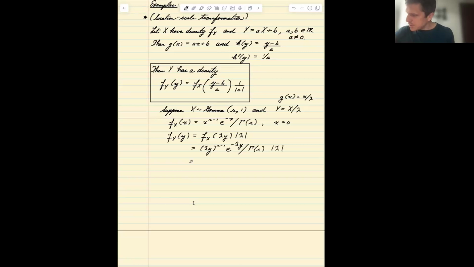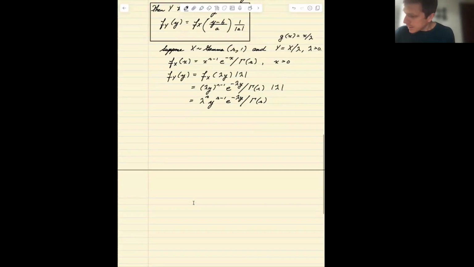Well, lambda was assumed to be bigger than 0. So what we're left with then is lambda to the r y to the r minus 1, e to the minus lambda y over gamma r, right? This, of course, is the density of the gamma with parameter r, lambda.